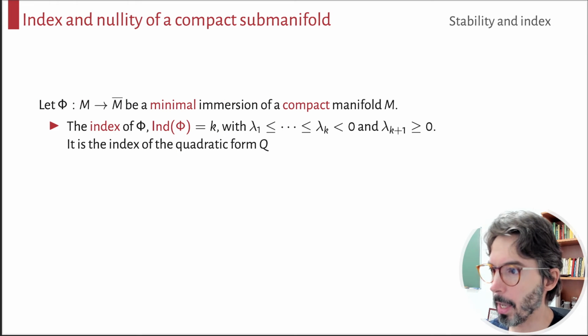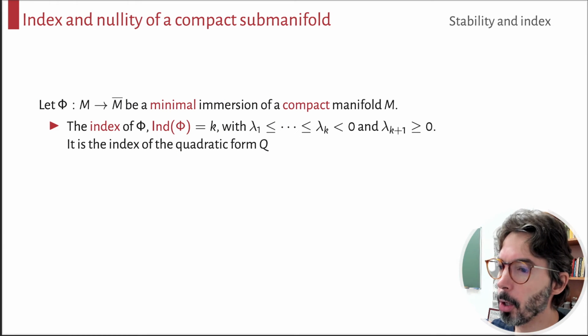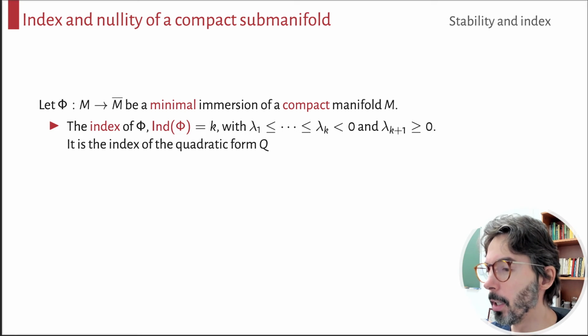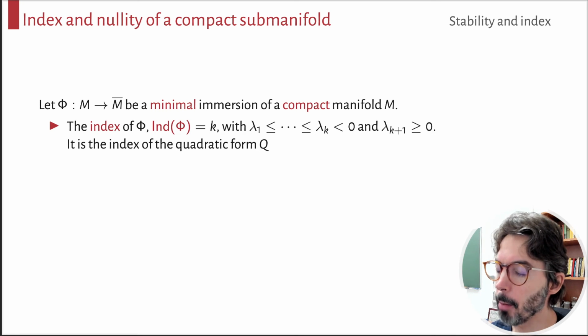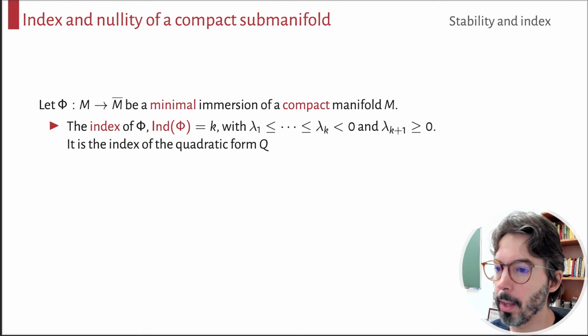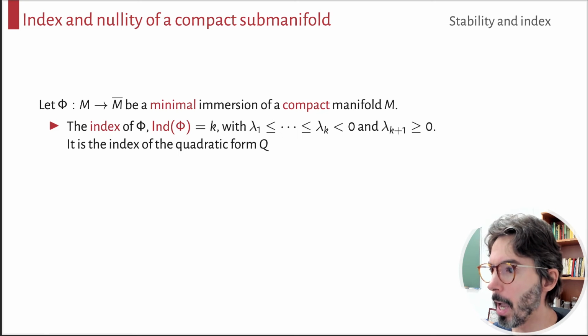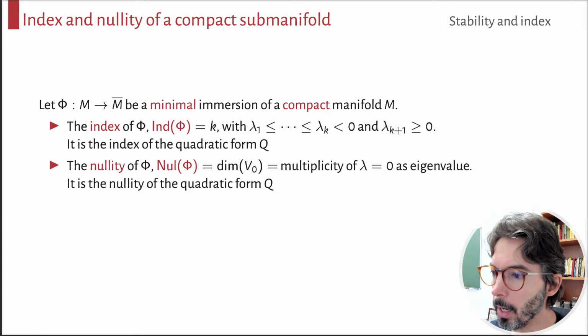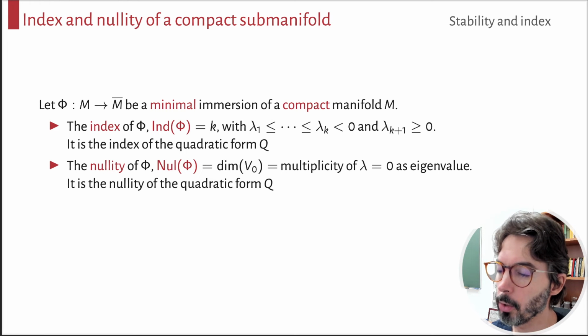So again, let phi be a minimal immersion of a compact manifold. The index of the immersion is going to be an integer number k, which is exactly the number of eigenvalues of the Jacobi operator that are strictly negative. Okay, it is actually the index of the quadratic form Q. And the nullity is just the dimension of the eigenspace associated with 0.